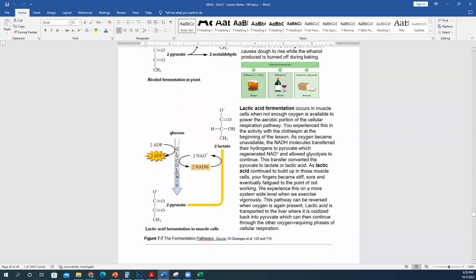But in the absence of oxygen, this little step involving glycolysis and lactic acid fermentation can produce at least a small amount of ATP, a small amount of energy.